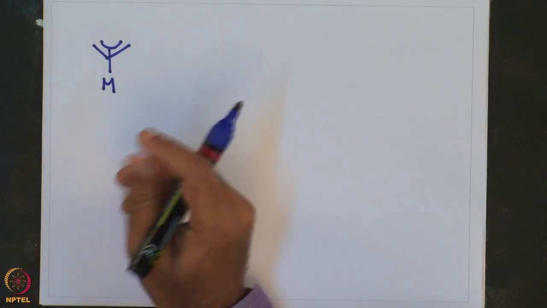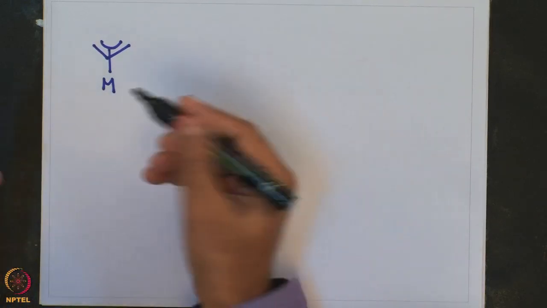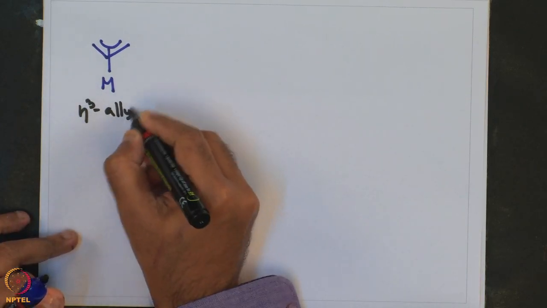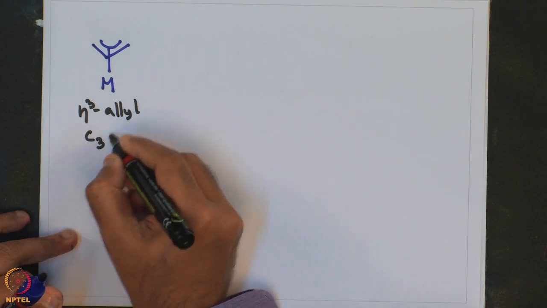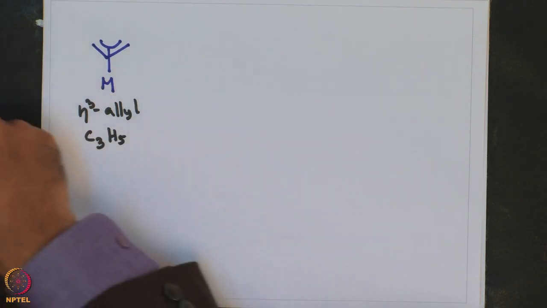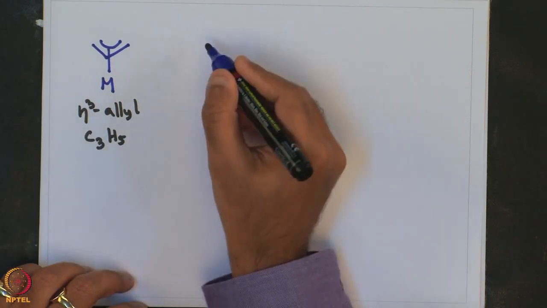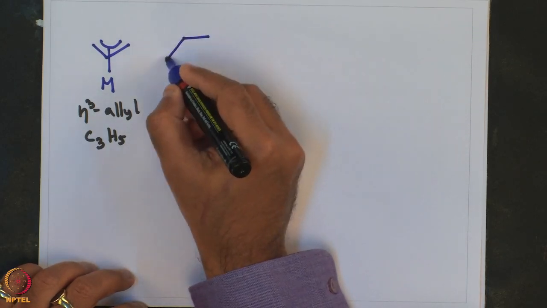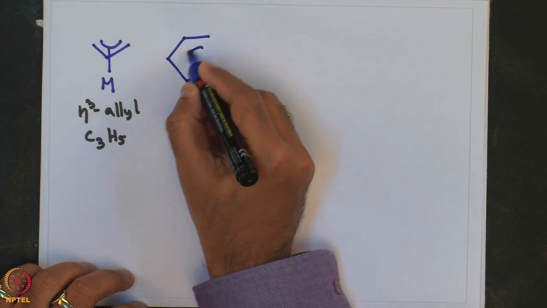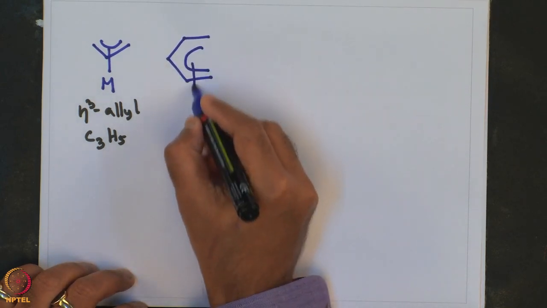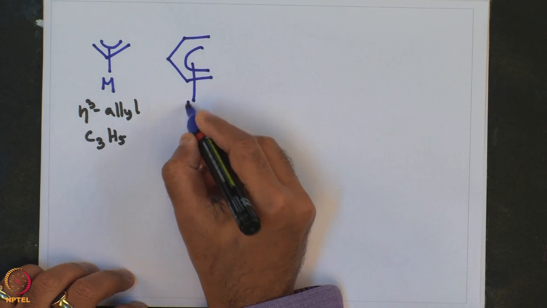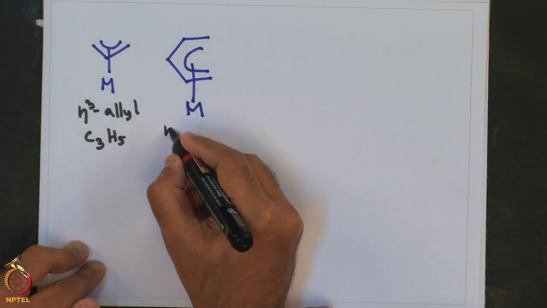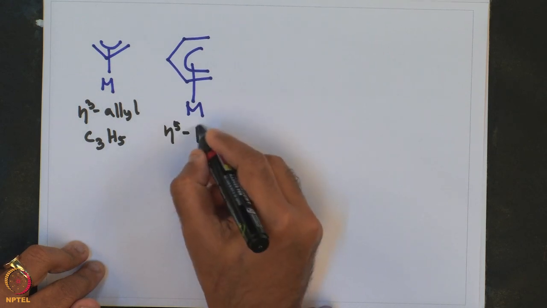So this is the eta 3 allyl or C3H5 ligand. Similarly, this is eta 5 pentadienyl.